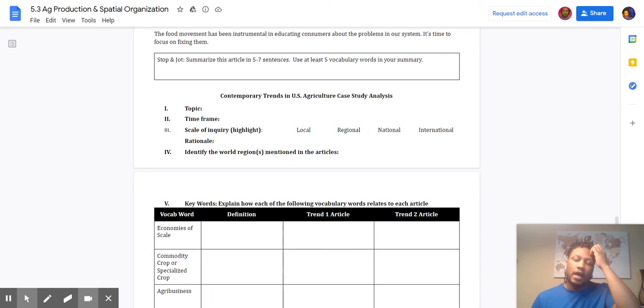Time frame. Remember, time frame, you have two choices. Is this contemporary or current, or is this historical? Now remember, there is one thing that helps you to determine whether something is contemporary or historical. If it is or has happened within the past 20 years, then it is considered contemporary or current.